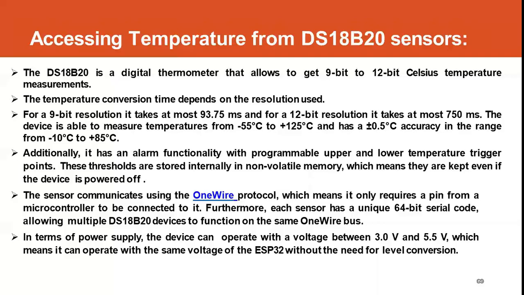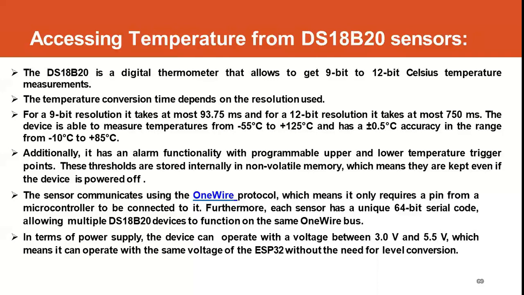So additionally, this particular sensor can have an alarm functionality. So an alarm will be raised if the temperature is more than the threshold value or if it is less than the threshold value. So these upper and lower temperature threshold values can be programmed and stored internally in a non-volatile memory.